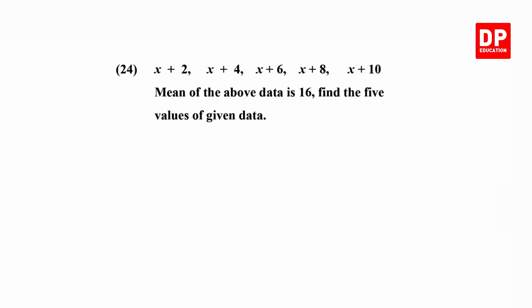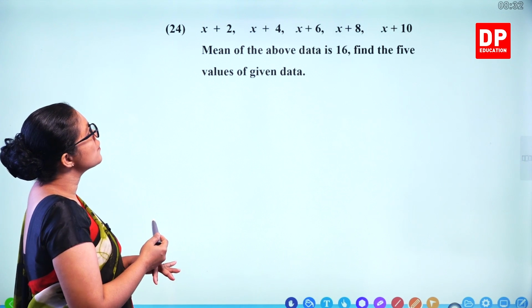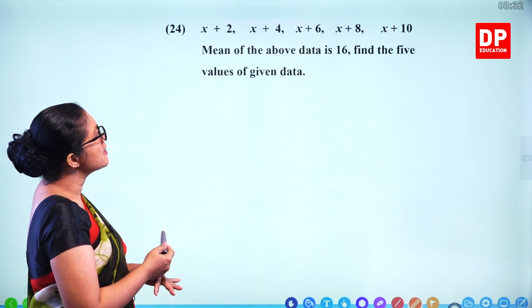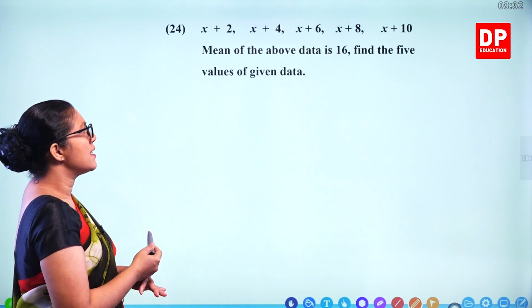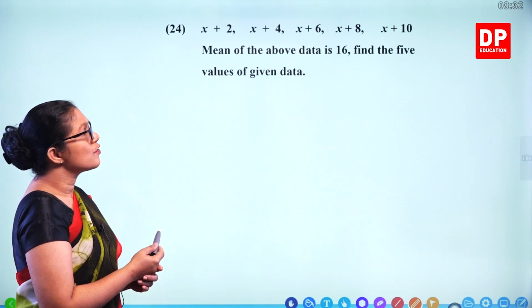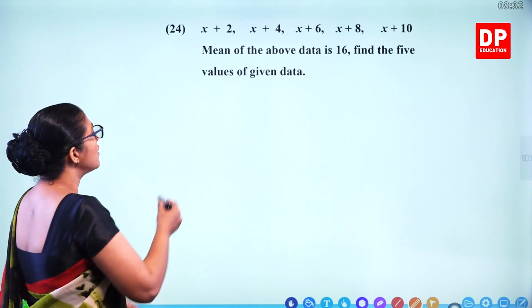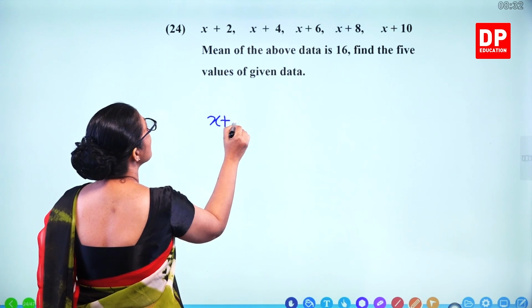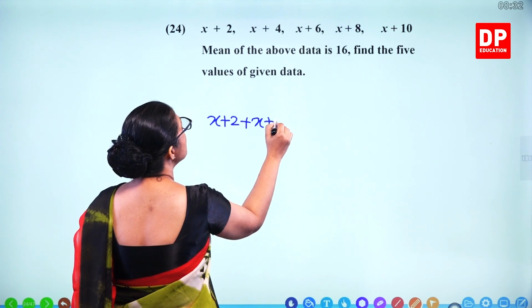Question number 24, you are given x plus 2, x plus 4, x plus 6, x plus 8 and x plus 10. Mean of the above data is 16. Find the 5 values of given data. So mean means sum of all the terms divided by number of terms.